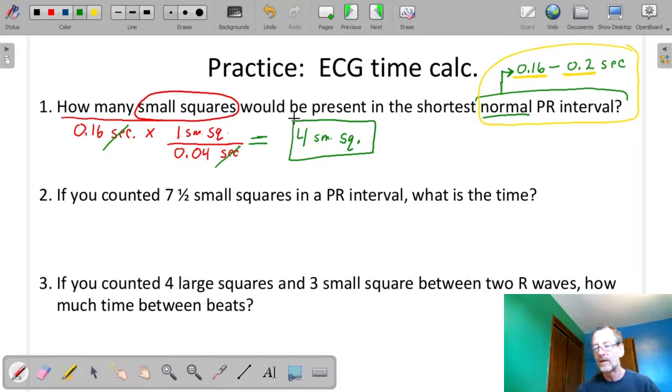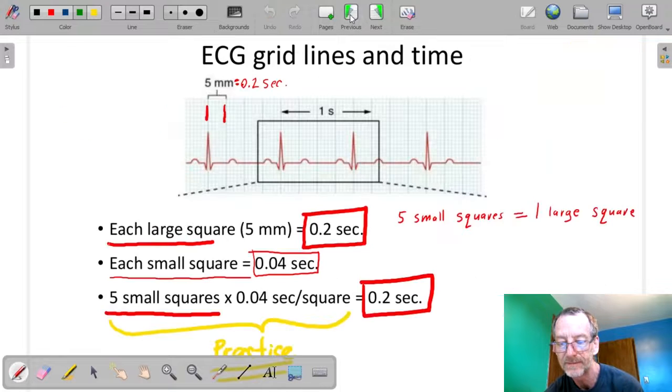So, if you're looking at an EKG and you find and identify, mark out carefully the PR interval, how many small squares? Let me back up to the previous slide. So let's just practice this. We want the PR interval. We'll use this last cardiac cycle on the right. So what's the PR interval?